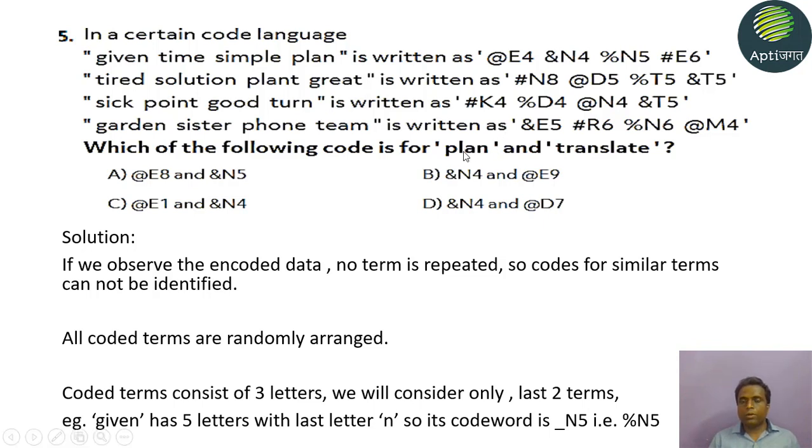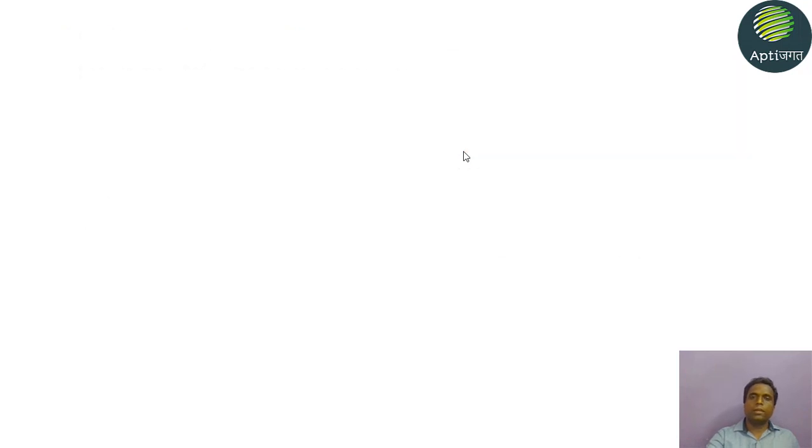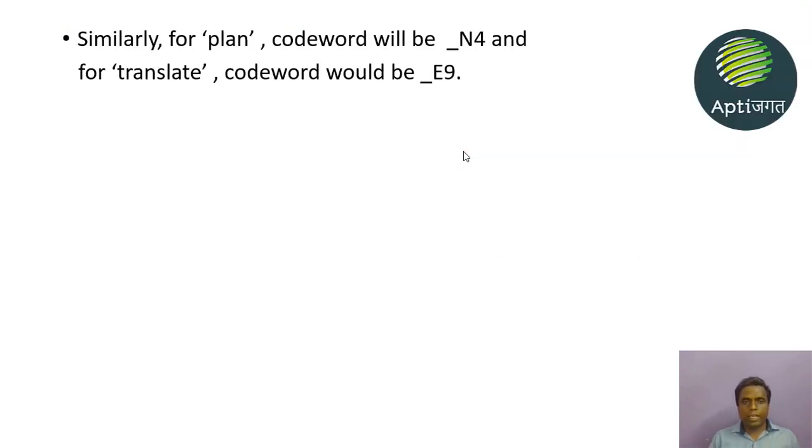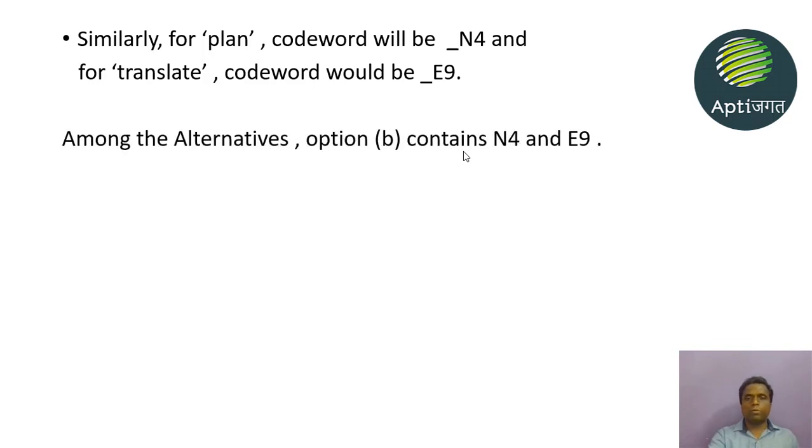How many letters are there in the word plan? 4 letters, and the last letter is N. And for translate, how many letters are there? 9, and the last letter is E. So the code word for plan will be N4, and the code word for translate will be E9, E for the last letter and 9 for the number of letters. Compare these two codes with the given options. Option B contains N4 and E9, so the correct option is B.